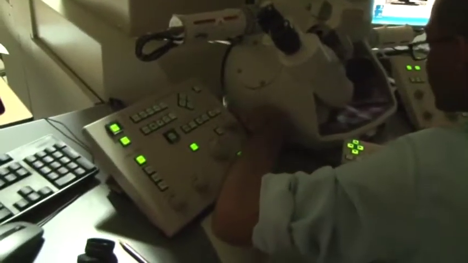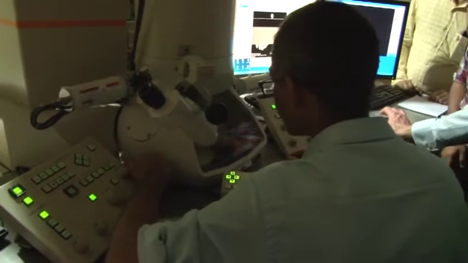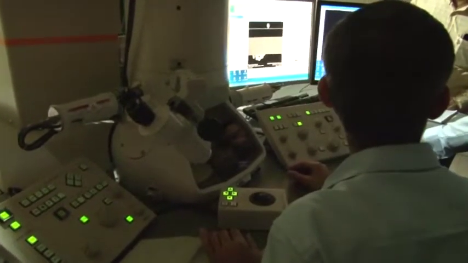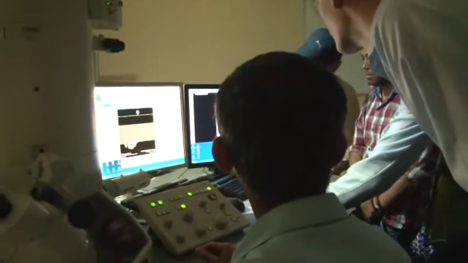But I don't see the rings because they will become too dim. Oh, you can see them on the camera. Yeah, this is the beam stop.